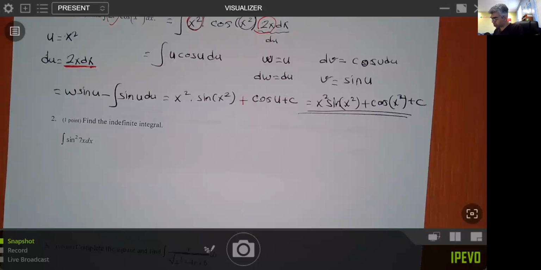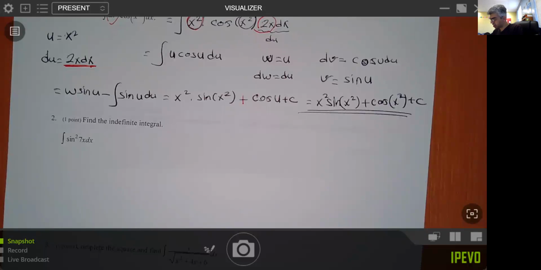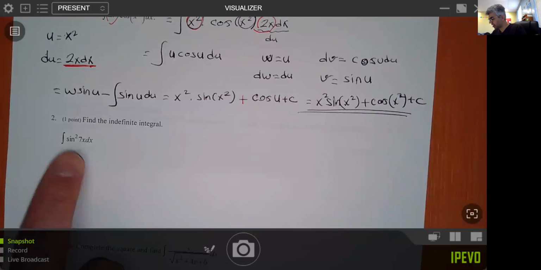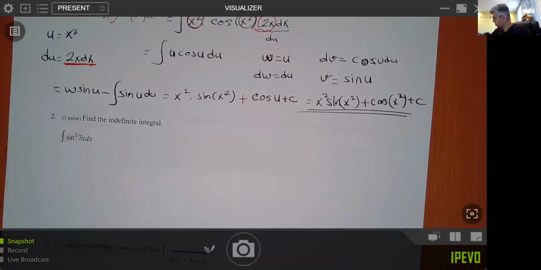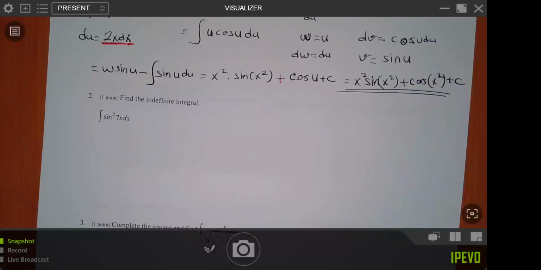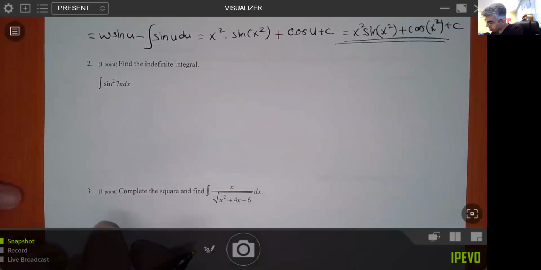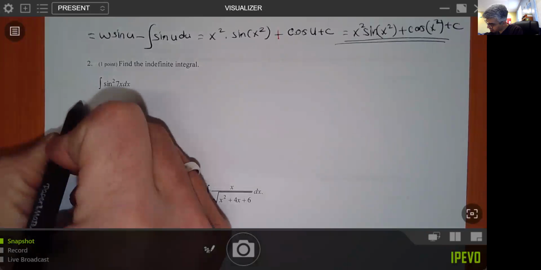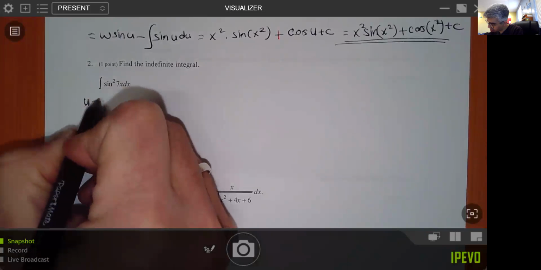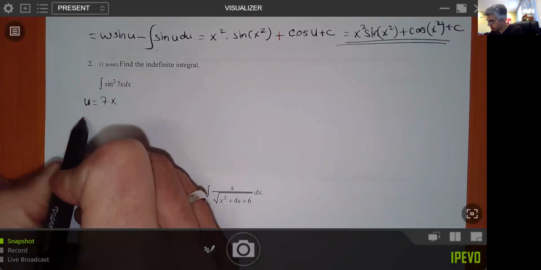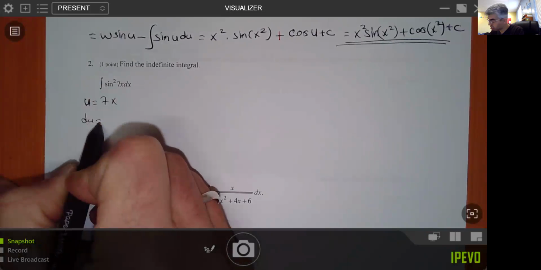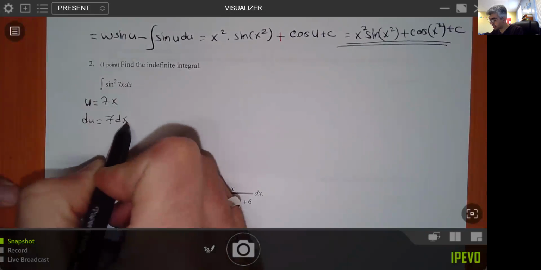So the second question: find the indefinite integral of sine squared 7x dx. We have a u substitution here again, right? So here u equals 7x, and then du will be equal to 7 dx.